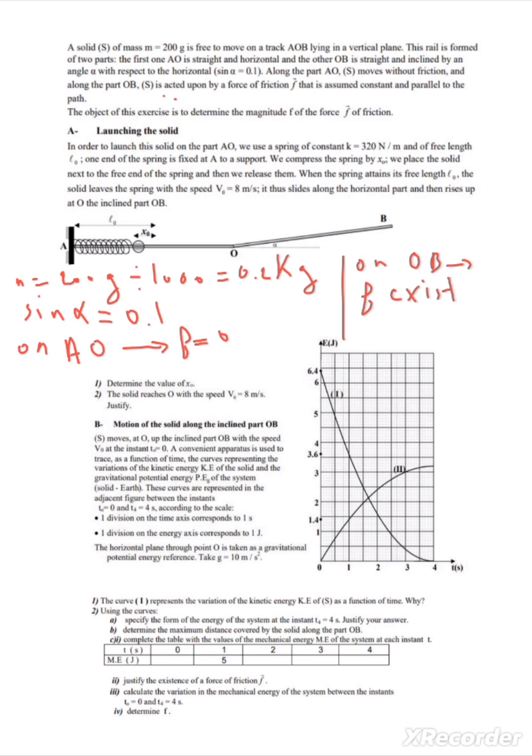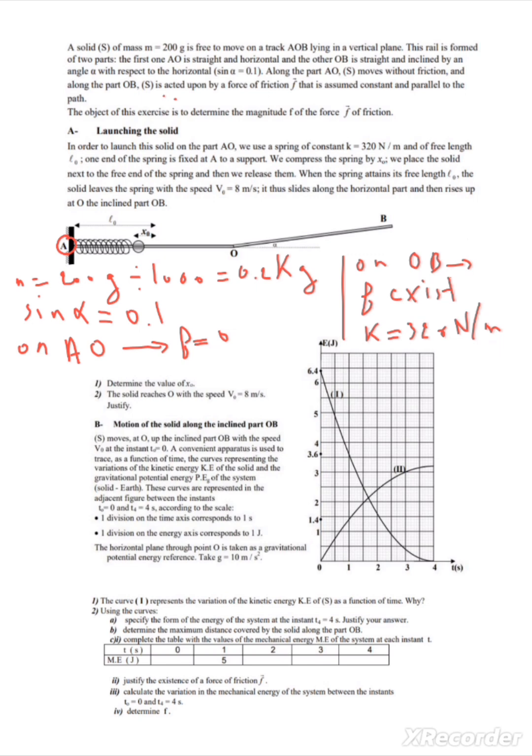Part A, launching the solid. In order to launch the solid on the part AO, we use a spring of constant k equals 320 Newton per meter and of free length L0. One end of the spring is fixed at A to a support. We compress the spring by x0.